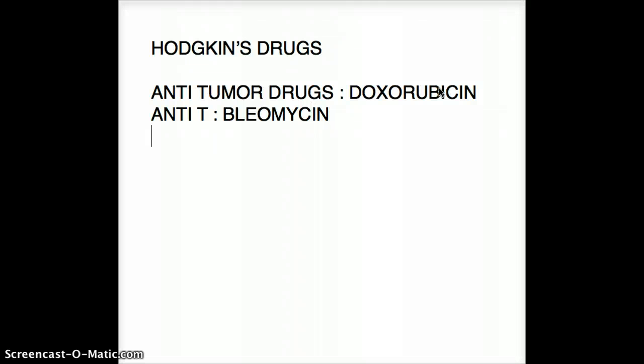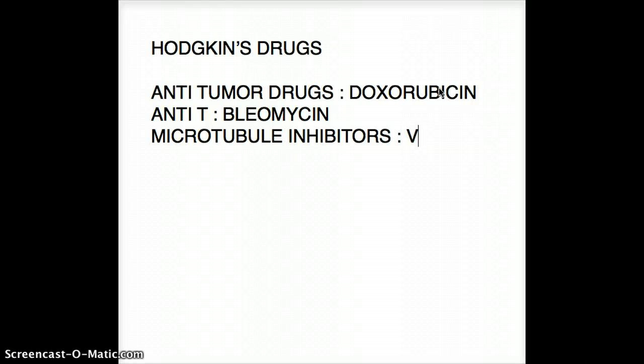And the last one is microtubule inhibitors, and those drugs are Vincristine and Vinblastine. I think only Vincristine is used for Hodgkin's.